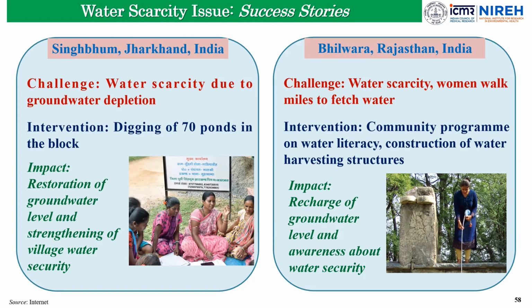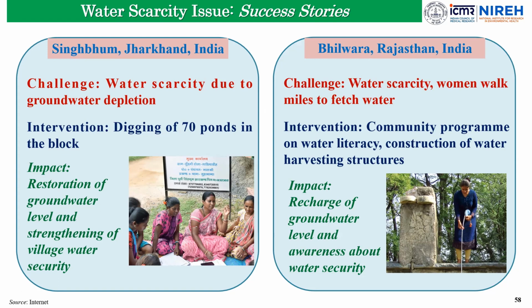And then they constructed water harvesting structures, either ponds, wells, or lakes, something like that. And then they collected rainwater, and when it was needed, they could use that water.